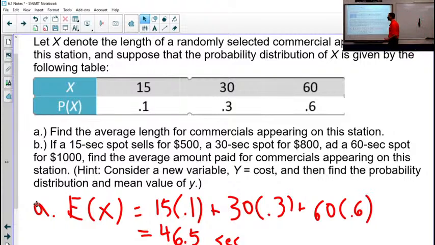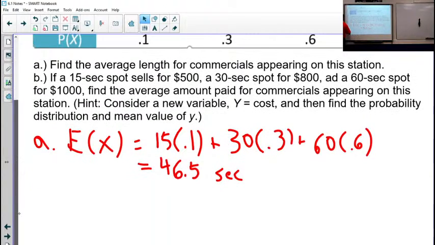One thing to make sure that you know is that just because this is a mean, and just because it's called expected value, doesn't mean it's the value that you expect. This does not mean that I'm expecting a commercial that's 46.5 seconds. In fact, none of the commercials are 46.5 seconds.